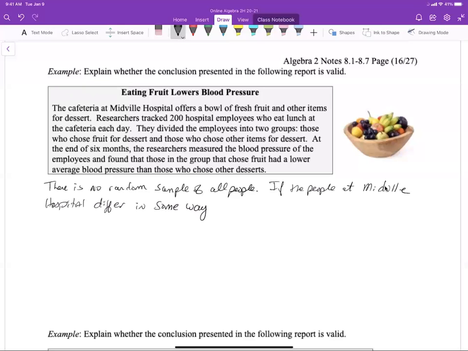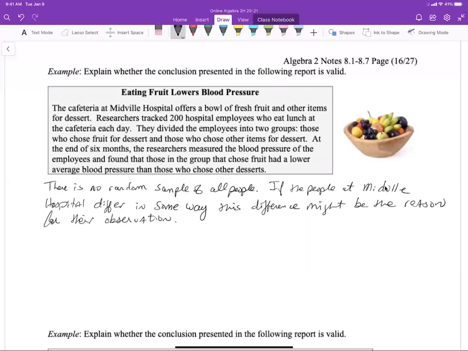Some way, this difference might be the reason for their observation. Okay, that's the first thing that we could maybe claim is potentially an issue with this study.